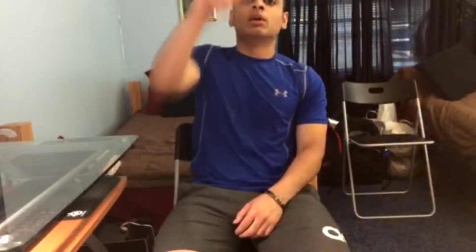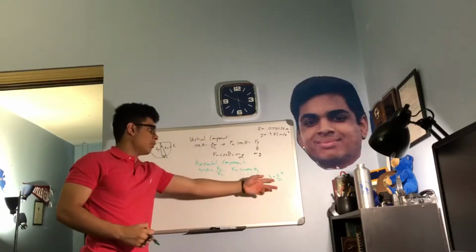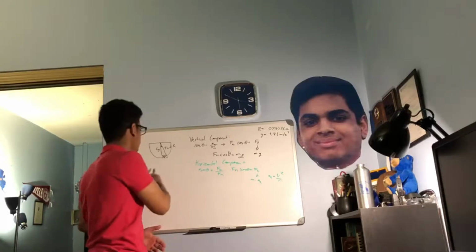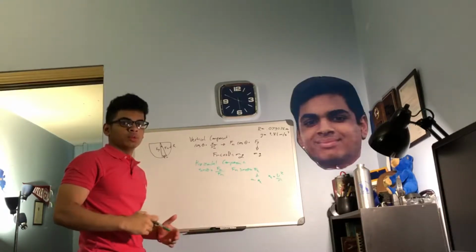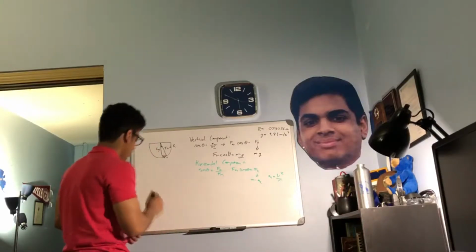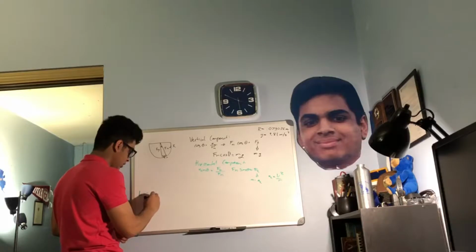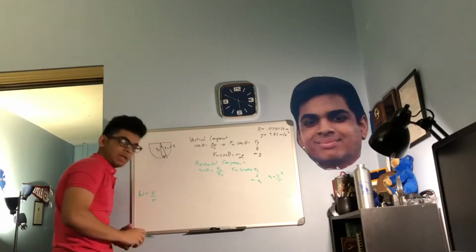Mr. Khan, since you're doing circular motion, why are you using linear velocity? I mean, it's going in circles, right? Don't you want to use angular velocity? You're right. Since this v represents linear velocity and we're dealing with circular motion, we use something else called omega, which measures angular velocity. Omega can be written as linear velocity divided by radius.